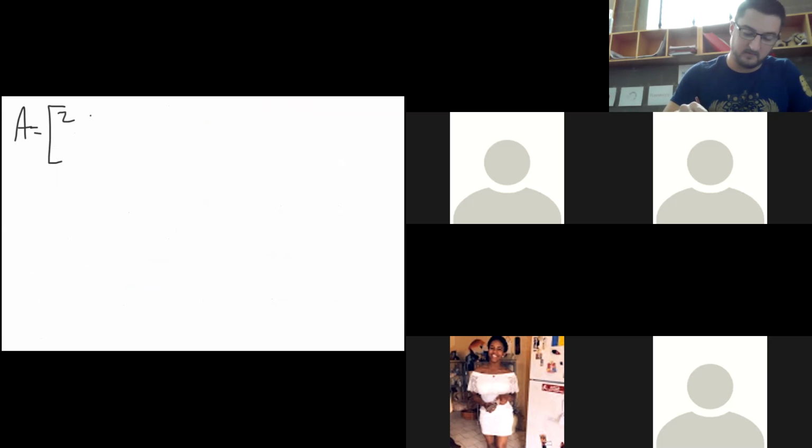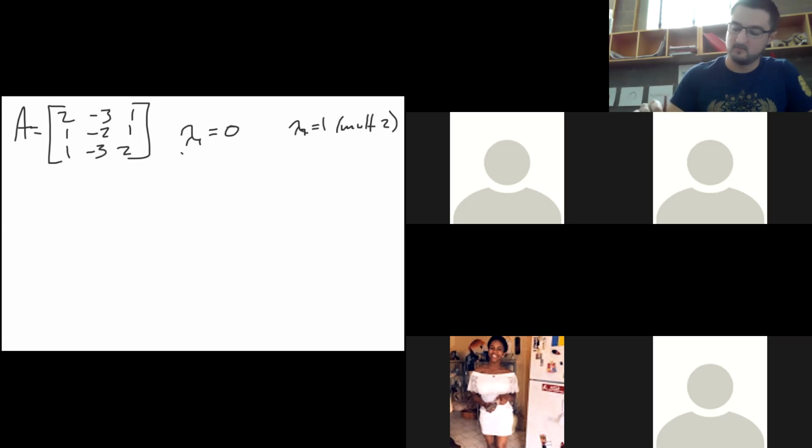So, where is it? There's this example that I was going to try to do, or at least depict: 2, -3, 1, 1, -2, 1, 1, -3, 2. This has an eigenvalue of 0 and an eigenvalue of 1 with multiplicity 2. However, this is diagonalizable because if I look at lambda being 0, I find its eigenvectors.